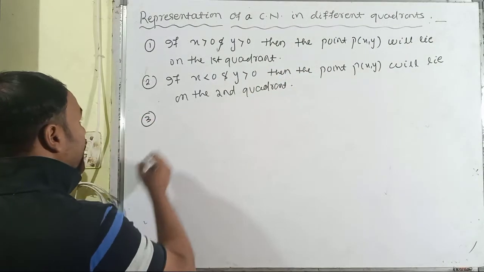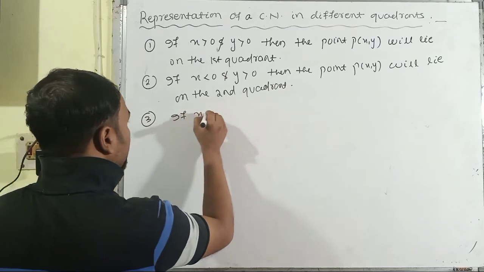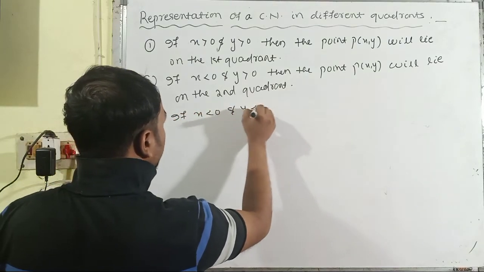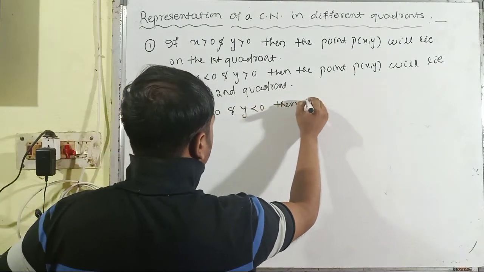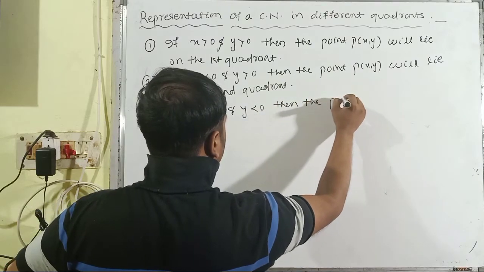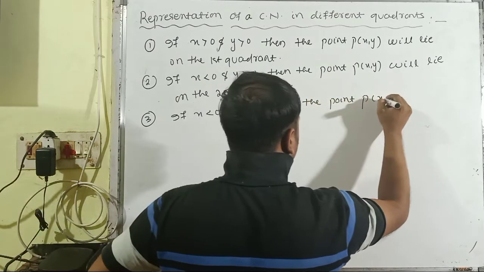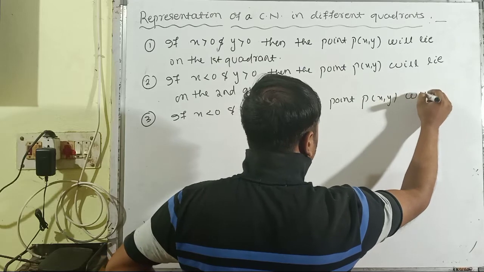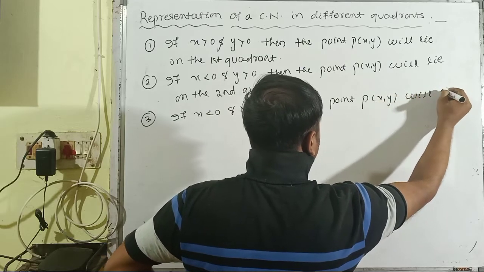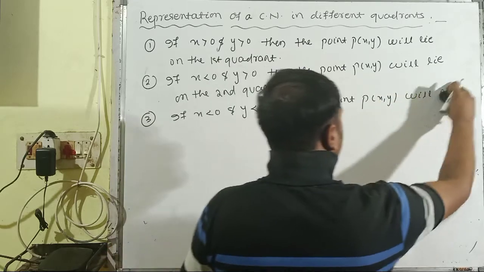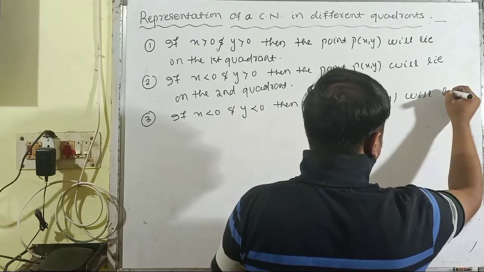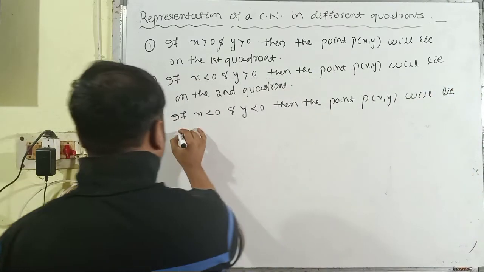Number 3. If x less than 0 and y less than 0, then the point P(x, y) will lie on the third quadrant.